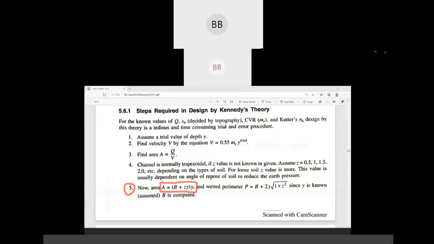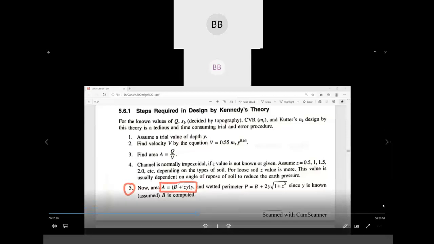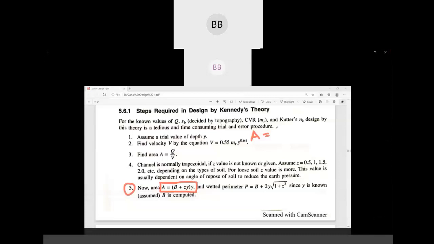So this is nothing but your area equation of a trapezoidal channel. Okay, that we have already discussed many times. This is nothing but your area equation of a trapezoidal channel, and this is your wetted perimeter.